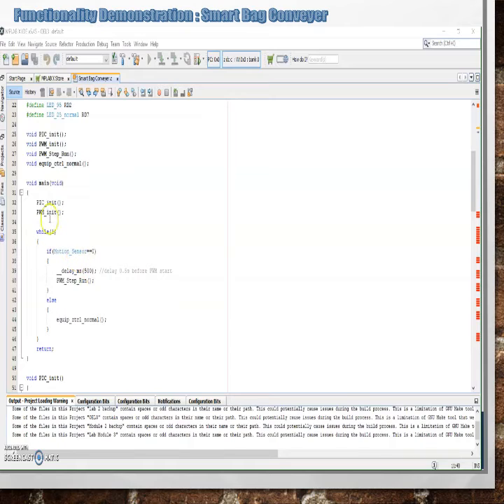Okay, the next is we start our program. If the motion sensor is equal to 0, that means our sensor is active low.